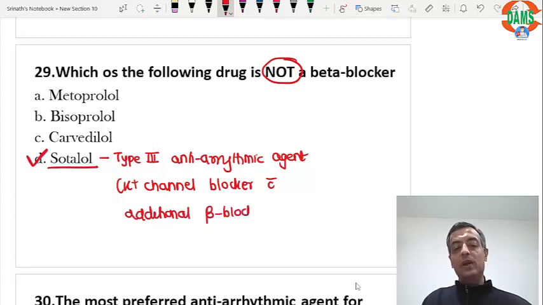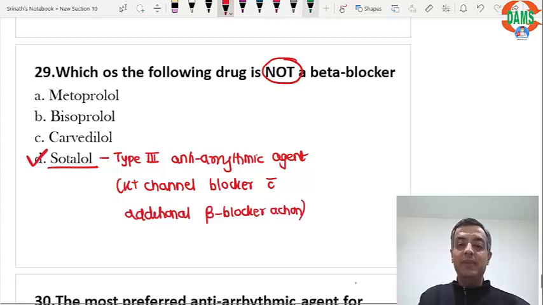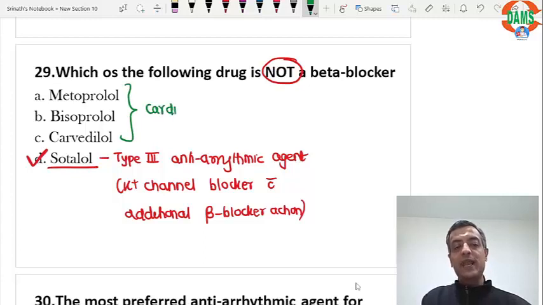So it is not a primary beta blocker, but it is a type 3 anti-arrhythmic drug, while all the others are cardioselective beta blockers.